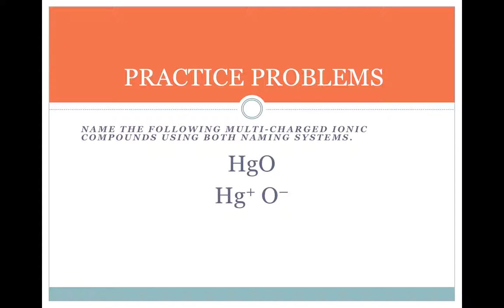Should oxygen have a charge of -1? If you look at the periodic table, oxygen should have a charge of -2. Therefore, I need to multiply both the cation and the anion by a factor of 2. Now I can see that the charge of mercury is +2 because the oxide now has a -2 charge.